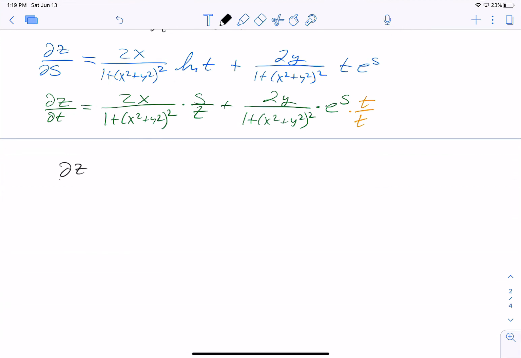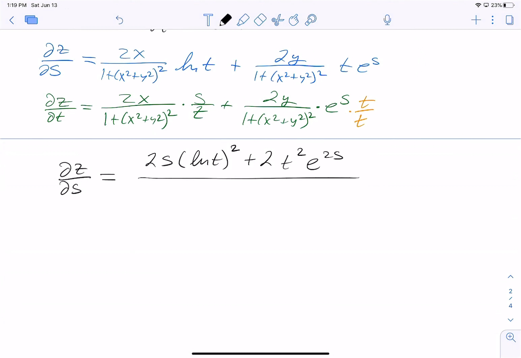The substitution, and you can verify this if you would like, and of course you should if you haven't already done it, is that the partial of z with respect to s is 2s times the natural log of t, the quantity squared, plus 2t squared e to the 2s, divided by 1 plus the quantity of s squared times the natural log of t squared plus t squared e to the 2s, whole thing squared.